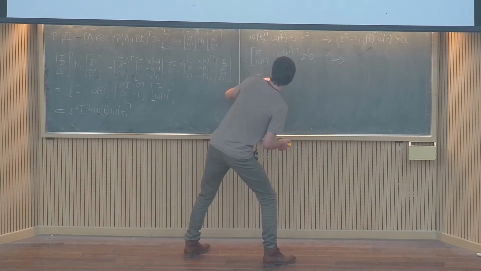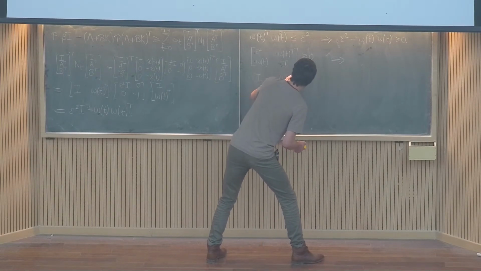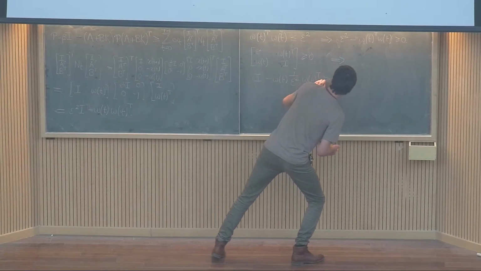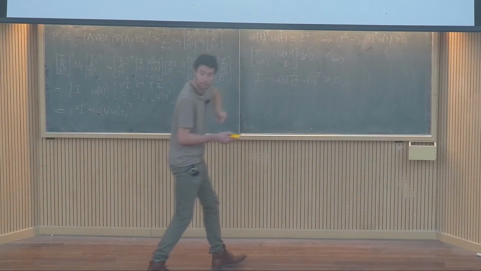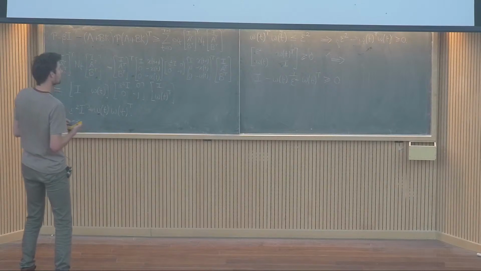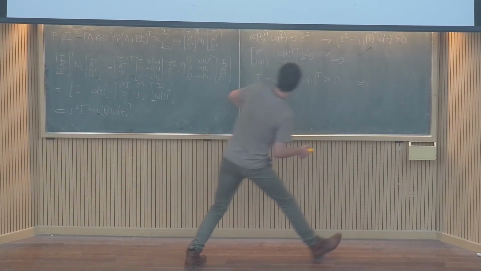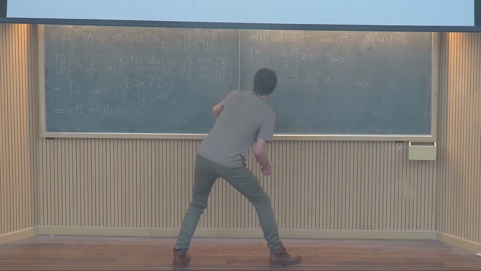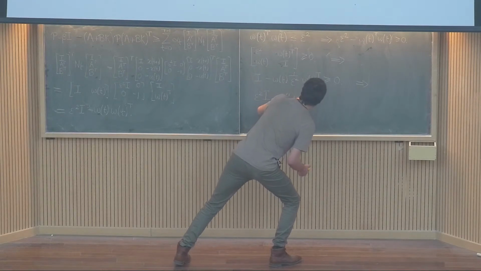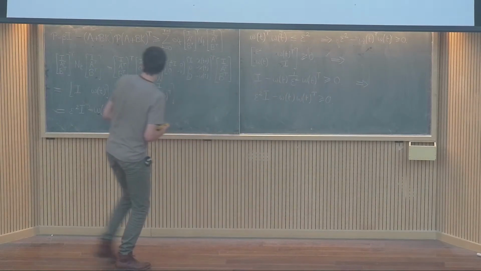So identity minus WT, 1 over epsilon squared, WT transpose is positive semi-definite. Okay. That implies if I multiply by epsilon squared, that also epsilon squared identity minus WT transpose is positive semi-definite.